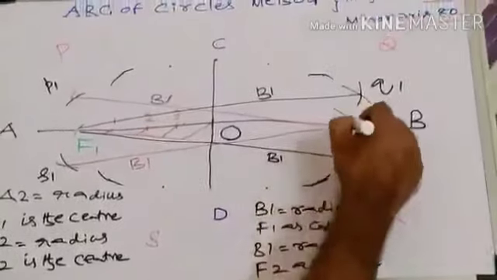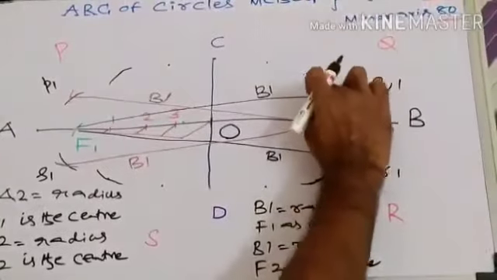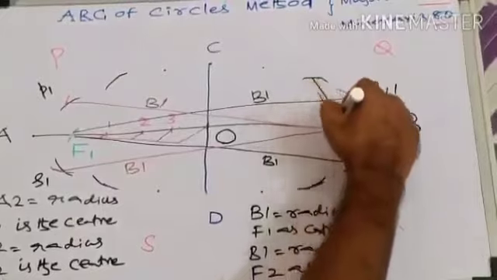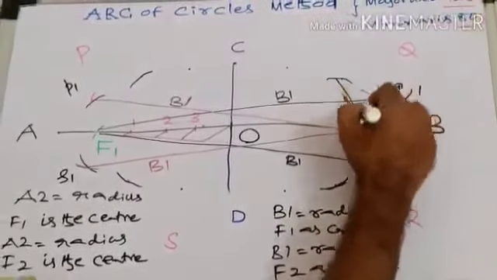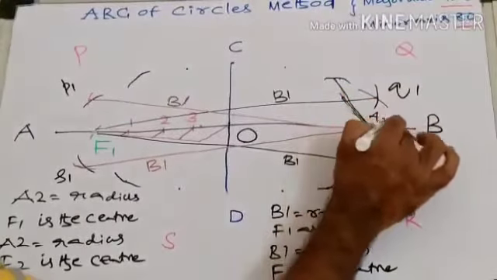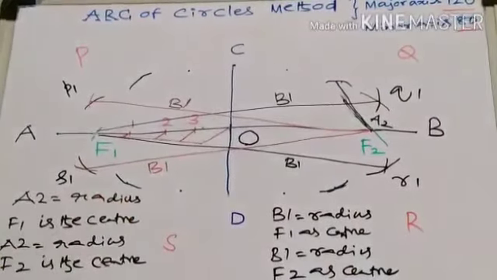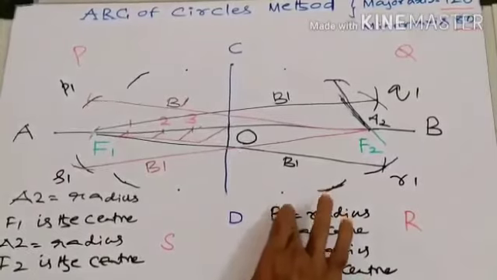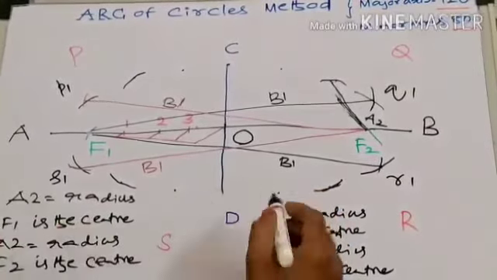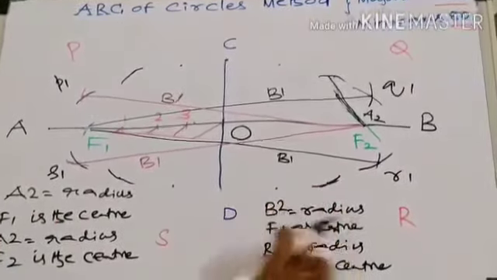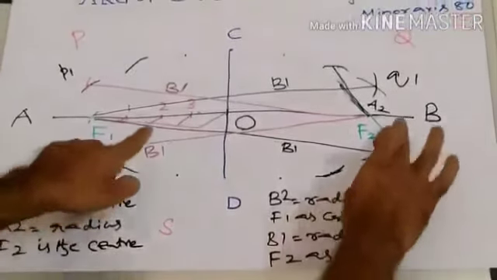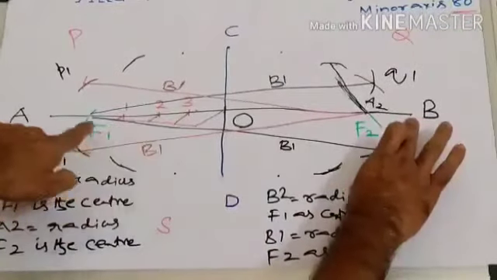So this length is A2. After getting this, B2 is going to be the radius, F1 as the center.